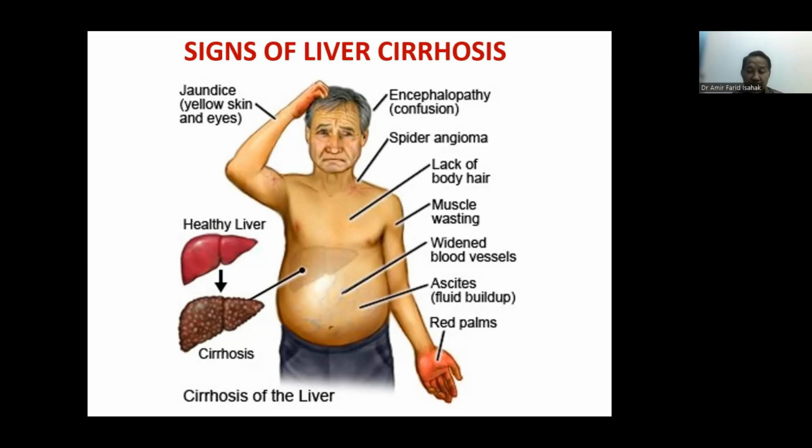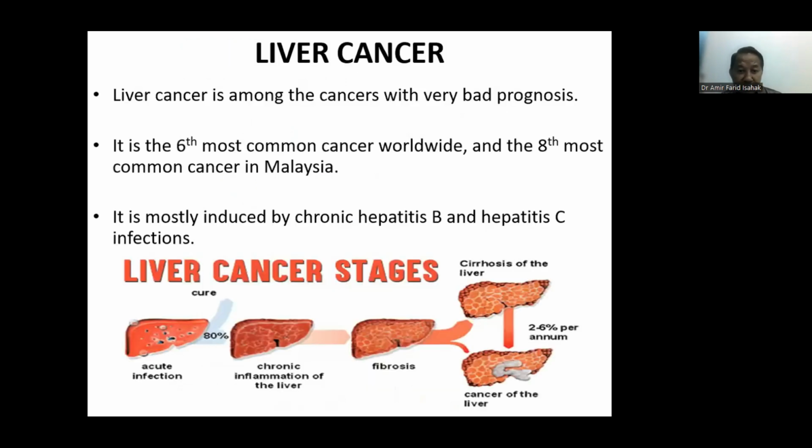And then you have spider angioma, that's a blood vessel breaking out like a spider web, like loose hair, there's muscle wasting, then the blood vessels on the abdomen become widened because of the high pressure inside. Then you have ascites, there's accumulation of fluid in the abdomen, all right? Then you get red palms, that's because of the circulation there. And of course, the liver is all scarred and non-functional.